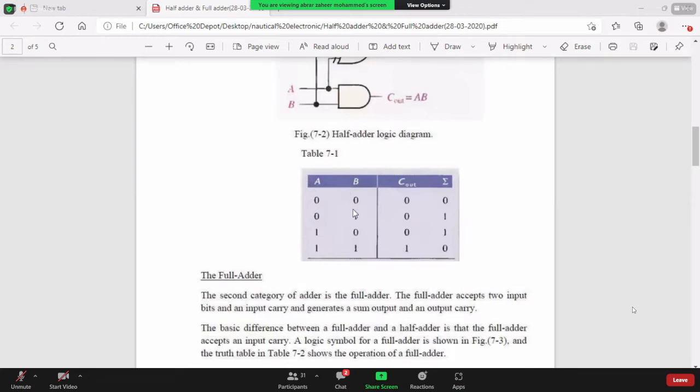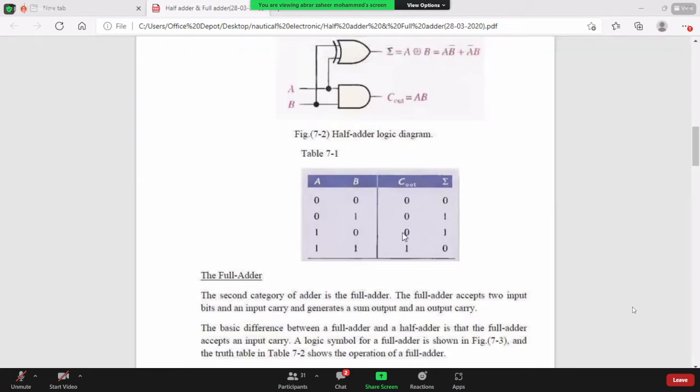When A is 0 and B is 1, sum is 1 and carry is 0. When A is 1 and B is 0, sum is 1 and carry is 0. When A is 1 and B is 1, both the inputs are 1, sum is 0 and carry is 1. This is the truth table for the half adder.